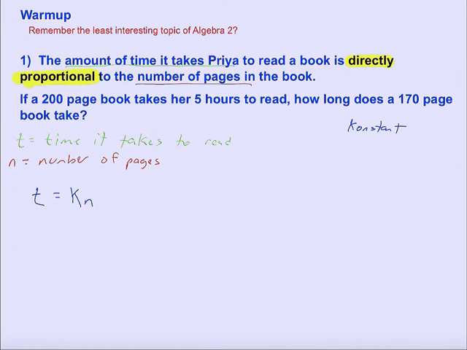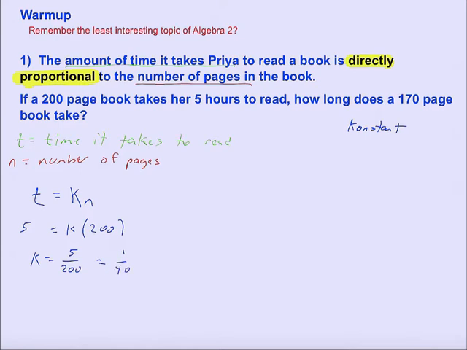So if the number of pages is 200, it takes her 5 hours to read. We can use that to figure out what K is. K is equal to 5 over 200, or if we reduce that, 1/40th.